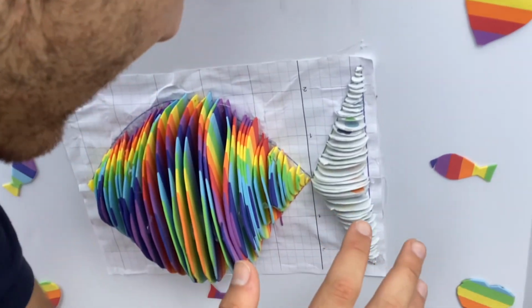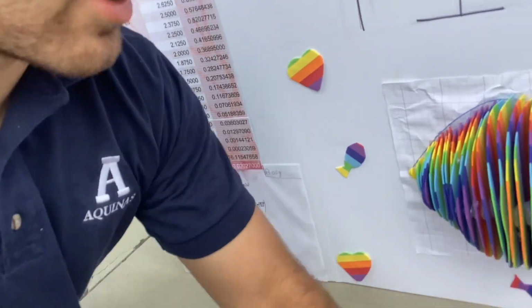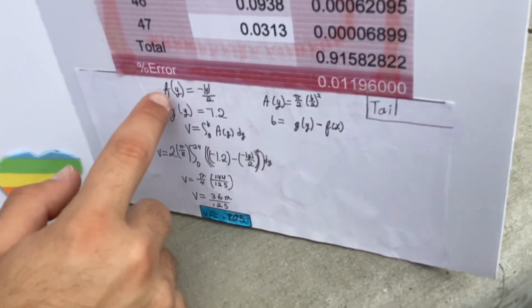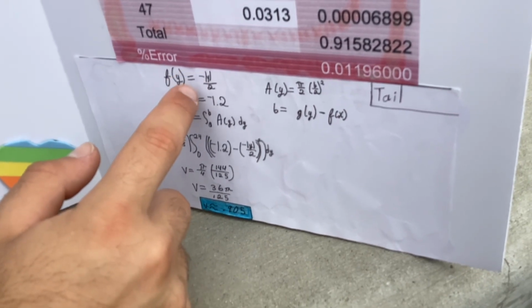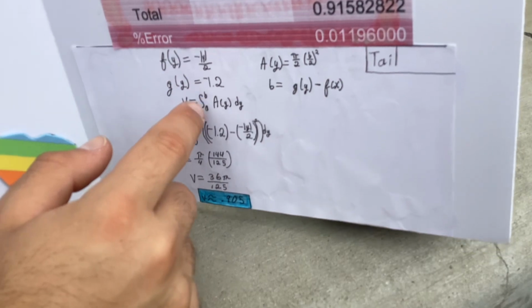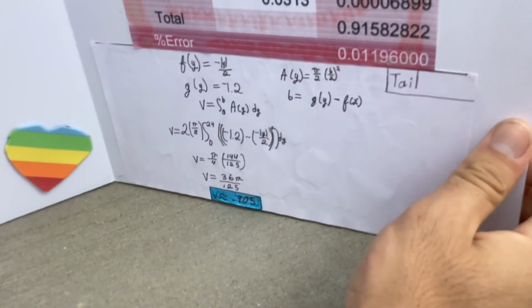Unlike our body, which was done in terms of dx, our tail was done in terms of dy. So our formula was f of y equals negative absolute value of y over 2. g of y is negative 1.2.